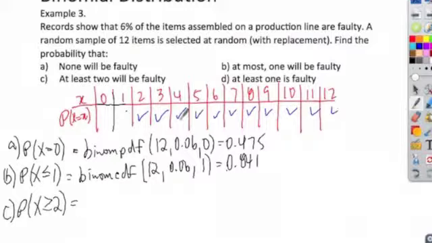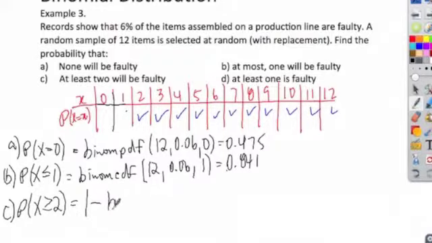Sometimes I just draw a line straight across. And again, in this case in particular, you wouldn't want to add up each of these probabilities individually from 2 to 12. That would take a long time. So again, we want to use the calculator efficiently. I don't want the values 0 and 1, and I know the calculator starts adding from 0. So it will add 0 and 1 in order. So I want to subtract those two.